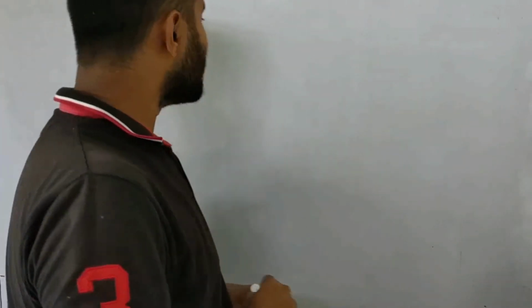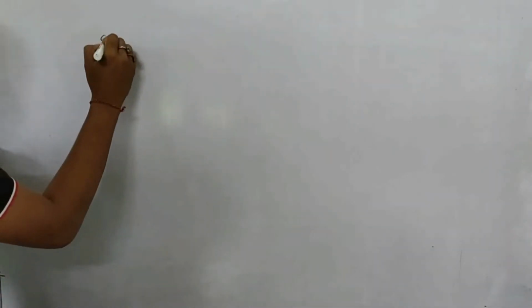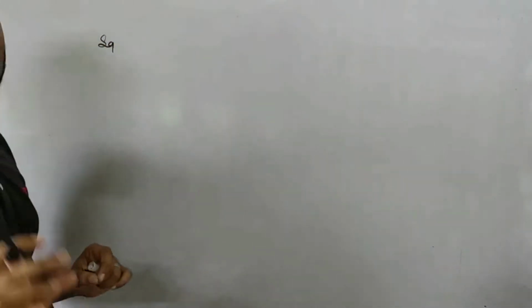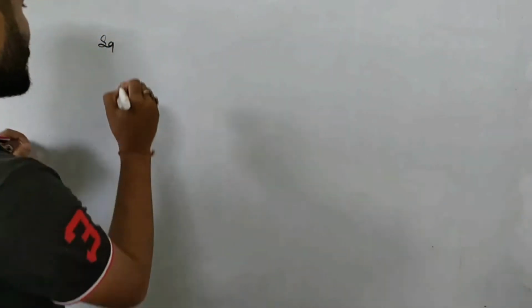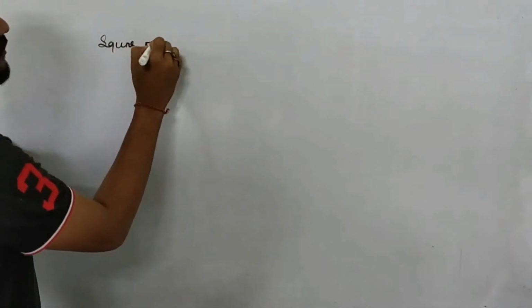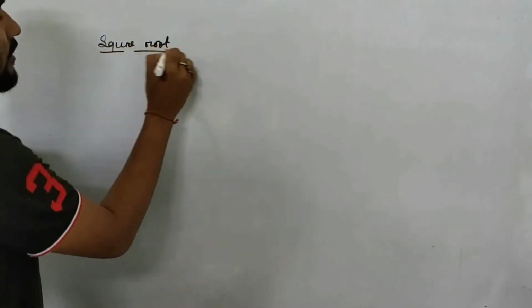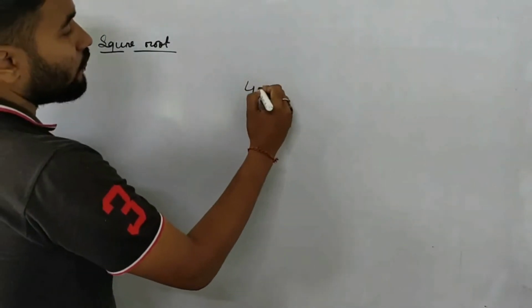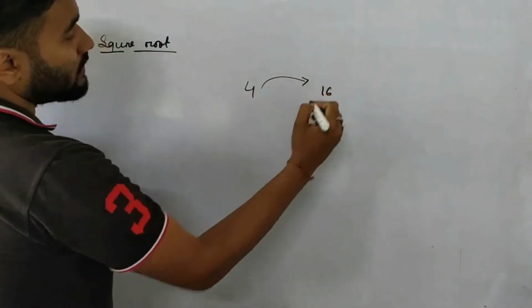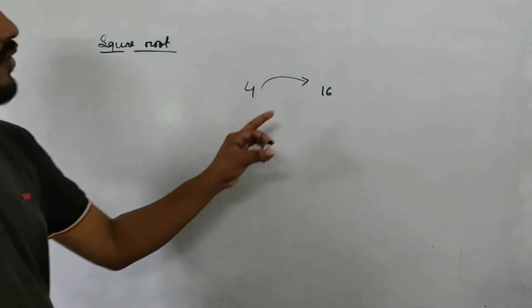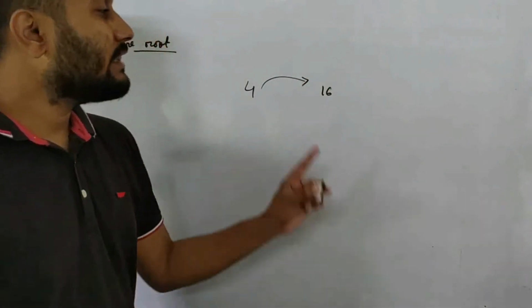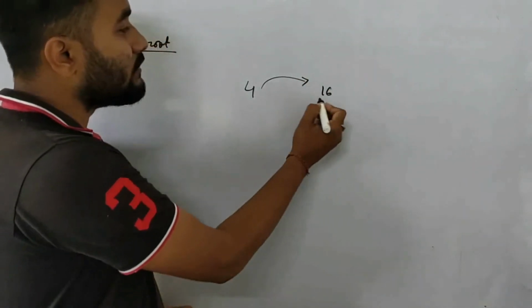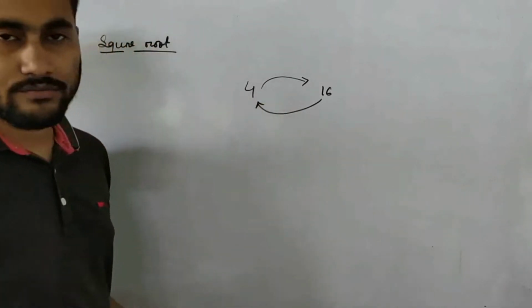The next topic of this chapter is square root. We have understood square, what a square number or perfect square is. Now, square root. What is square root? It is the opposite of what we have just learned. The square of 4 is 16, so the square root of 16 will be 4.